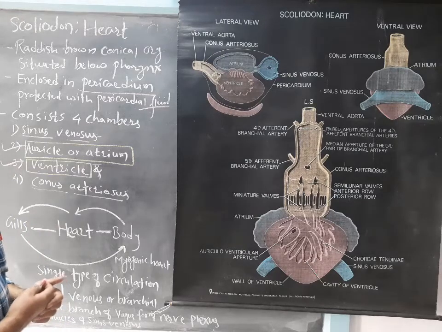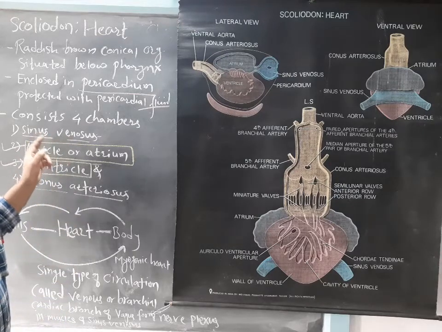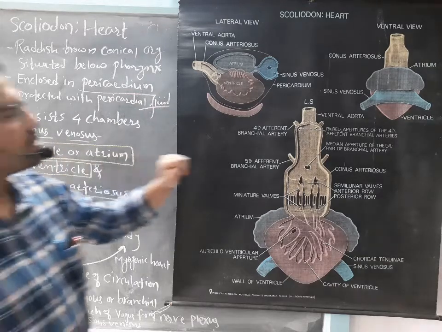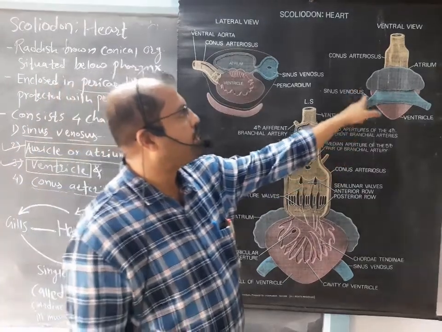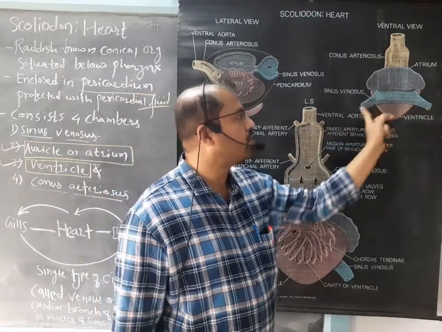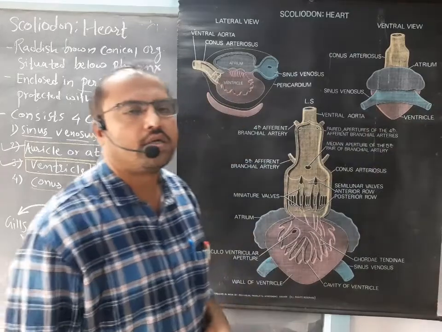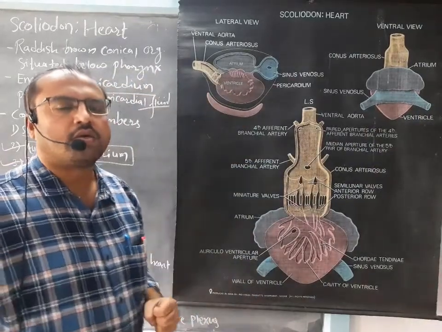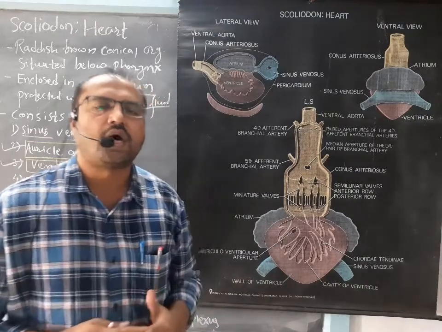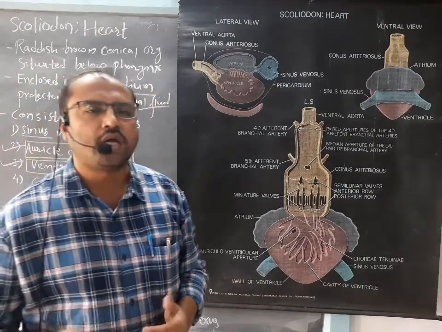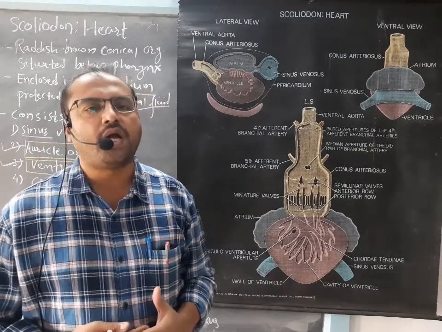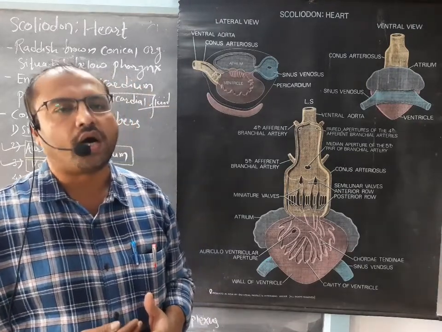Then what about the sinus venosus? If you see the ventral view, there are two important veins which are collecting veins. What is the difference between veins and arteries? Veins are the blood vessels which collect blood from various parts of the body and pour this blood into the heart.